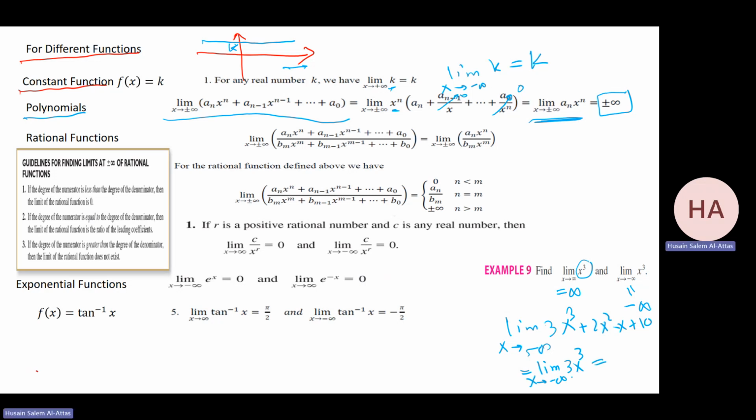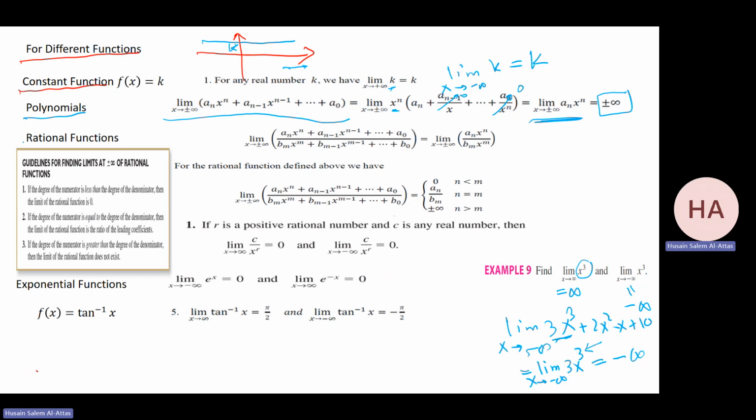And so the control is in the term with the highest degree, the highest power. So that will be what? 3 times minus infinity times minus infinity times minus infinity. That will be minus infinity. Okay, this is for the polynomials.